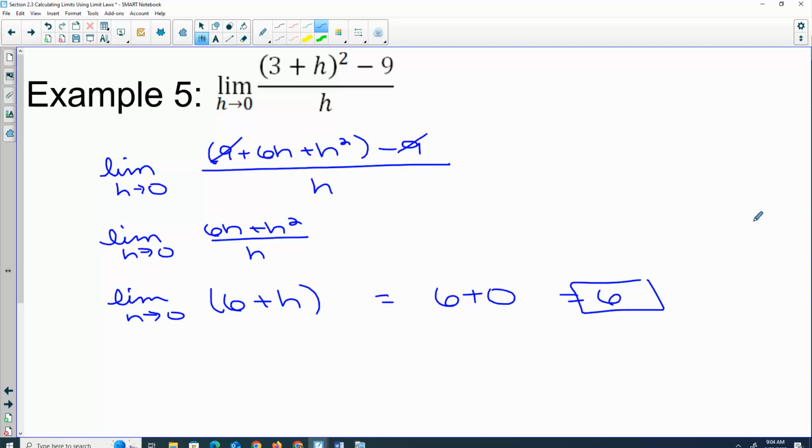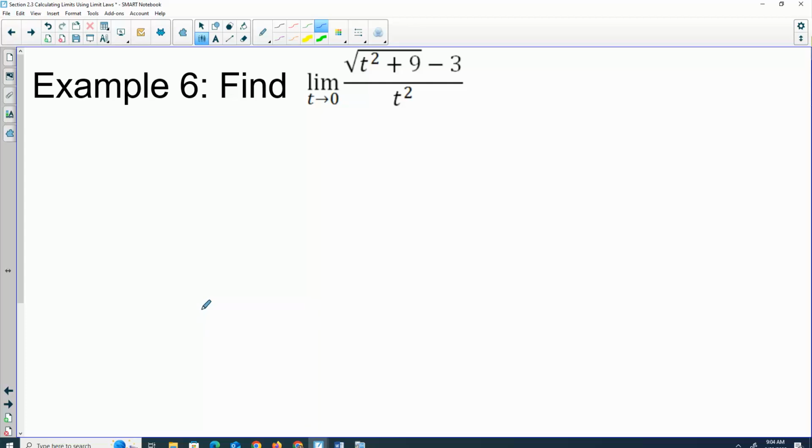Question 6. So look at this one. Can I just plug in?